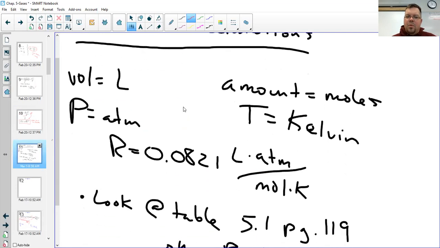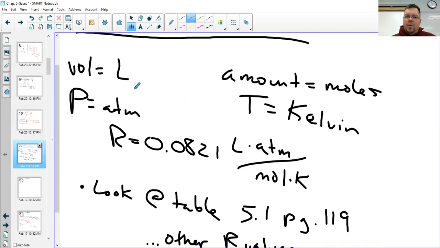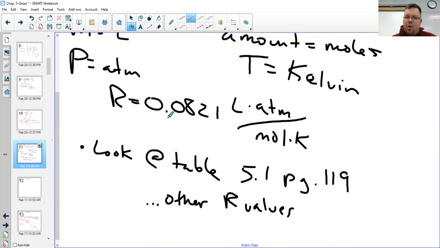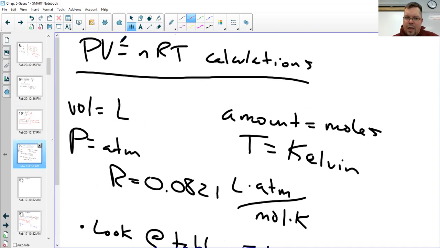Again, just reminding you: volume in liters, pressure in atmospheres, amount in moles, temperature has to be in Kelvin when we plug it into the equation. Your R value is 0.0821 liters times atmospheres over moles times Kelvin, and that'll be the same when we're using the ideal gas law in this form, okay?